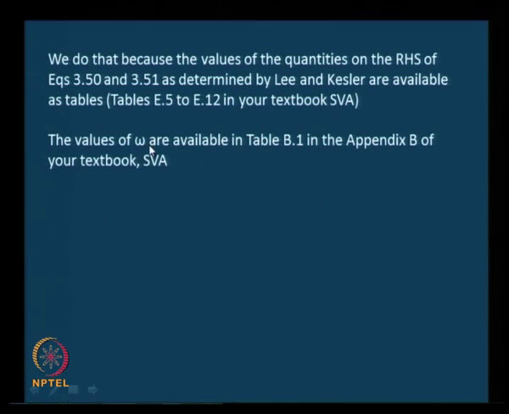The values of omega, as we have already seen, are available in table B1 in the appendix B of your textbook. We do not have to go back and see it now. Just to recall, omega is one of the values that is given in the table along with many other constants for those pure substances.